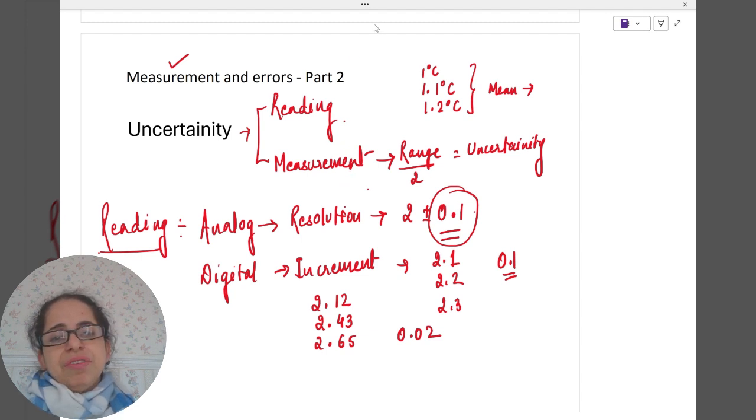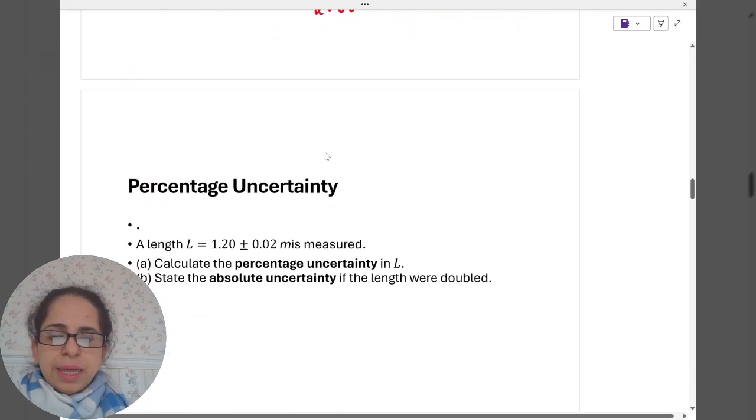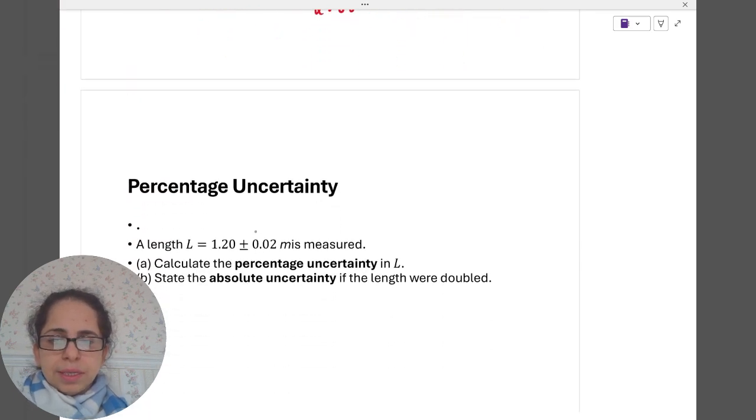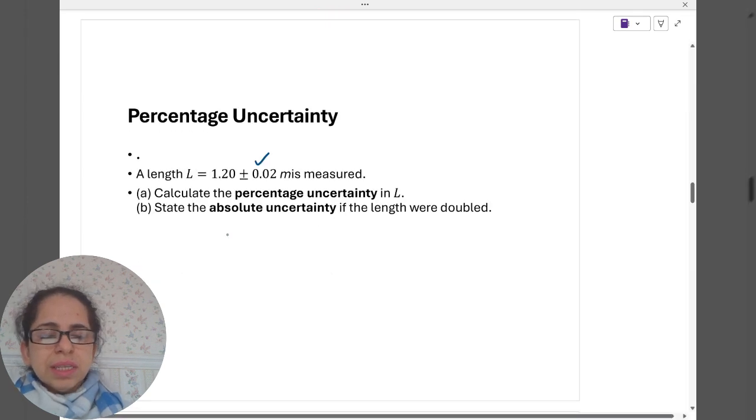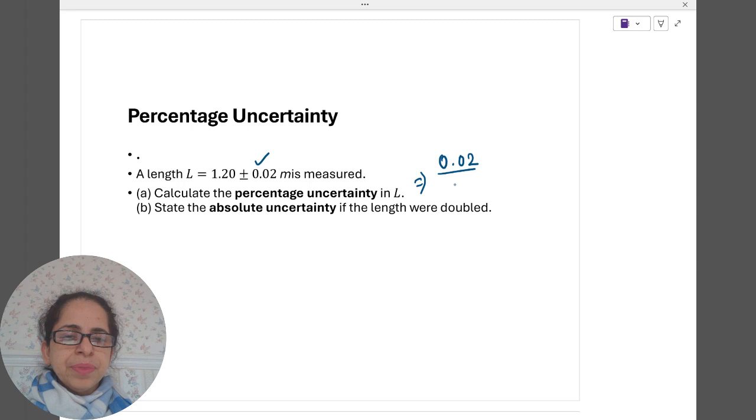Second kind of question, for example, I have some examples here. Let's say you've taken a length, and this is the uncertainty. Now it's asking you the percentage uncertainty in the length. The percentage one is just the uncertainty in the reading divided by the value which you've read, times 100.